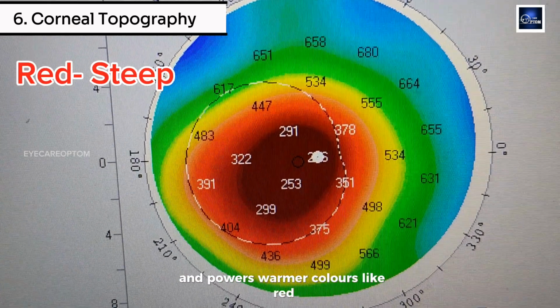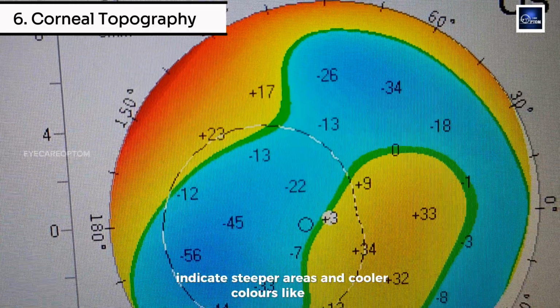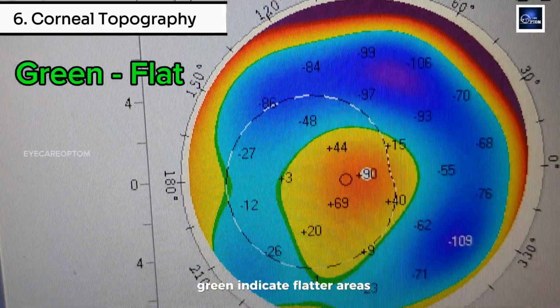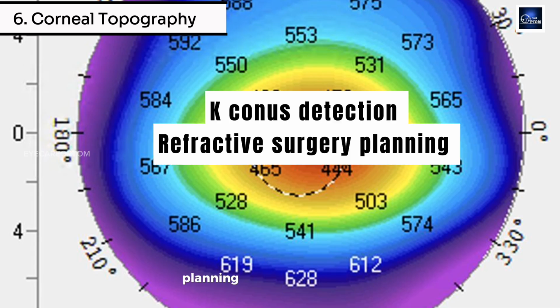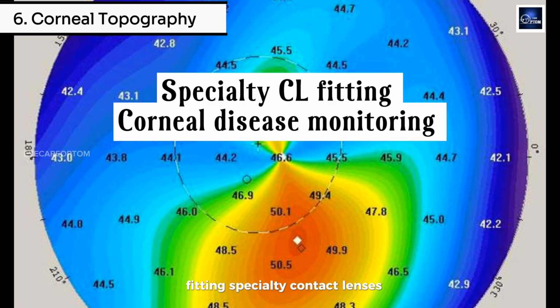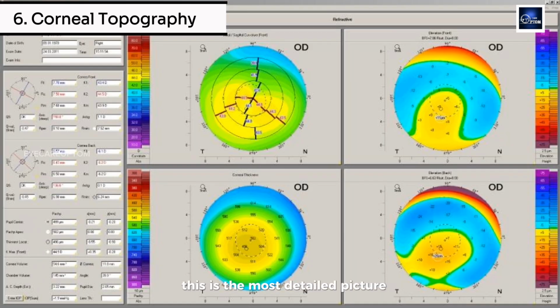Warmer colors like red and orange indicate steeper areas, and cooler colors like blue and green indicate flatter areas. Corneal topography is essential for detecting early keratoconus, planning refractive surgery like LASIK, fitting specialty contact lenses, and monitoring corneal disease over time. This is the most detailed picture we can get of corneal shape.